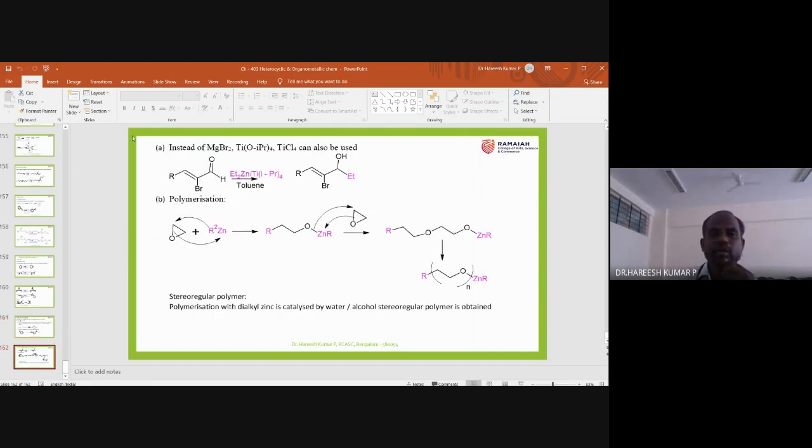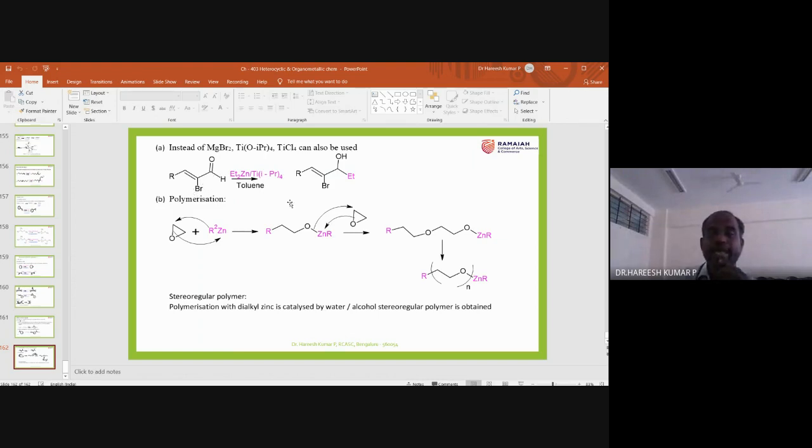The next slide is about a reaction of an alpha beta unsaturated carbonyl compound. This is a double bond and this is a carbonyl group. There are two possibilities. Look here, ethyl acts as a source of ethyl anion. That ethyl anion attacks the electron deficient carbonyl carbon, but it does not replace the Br.